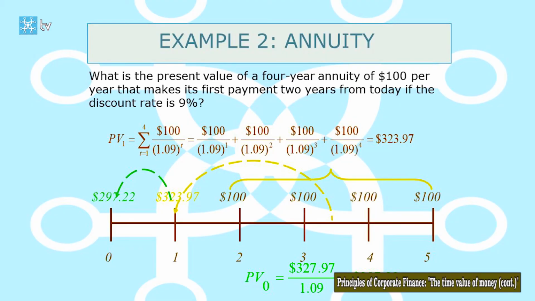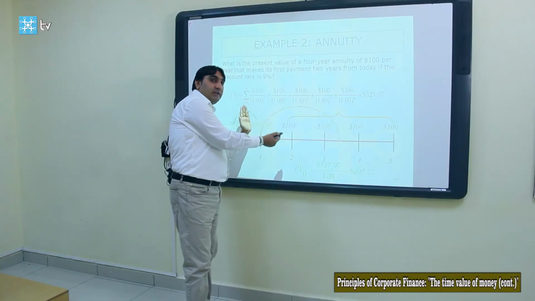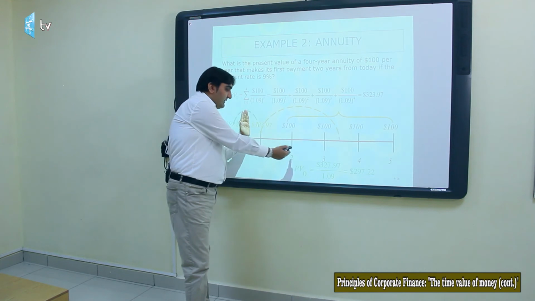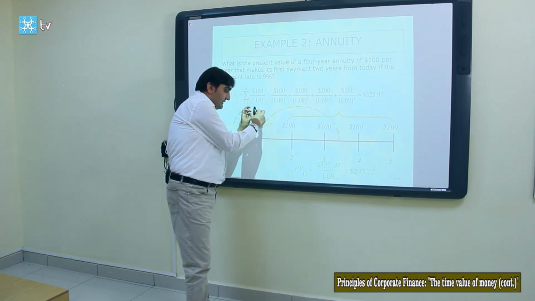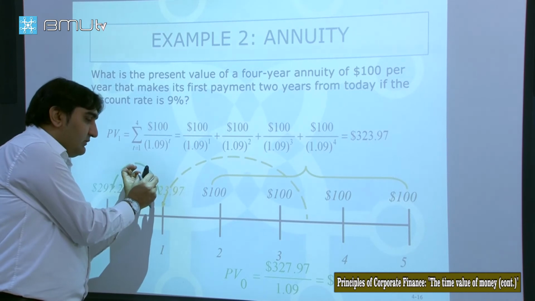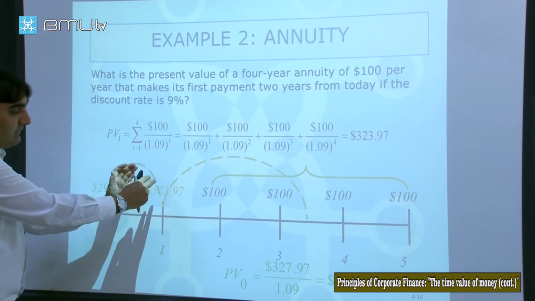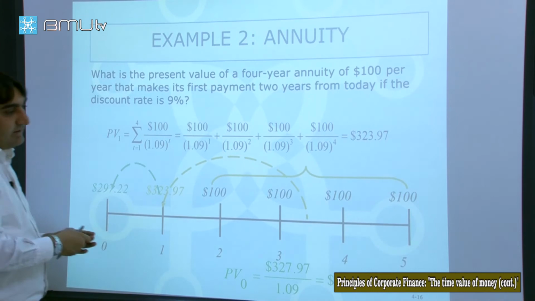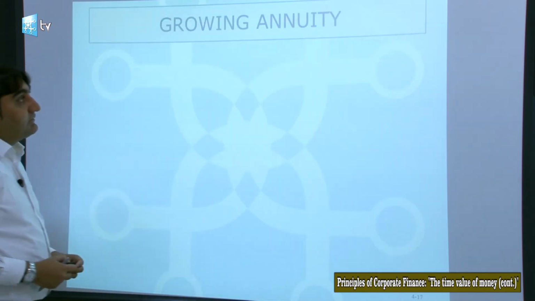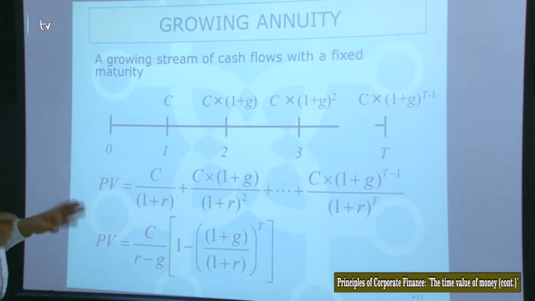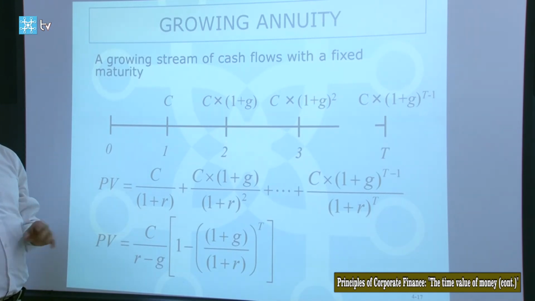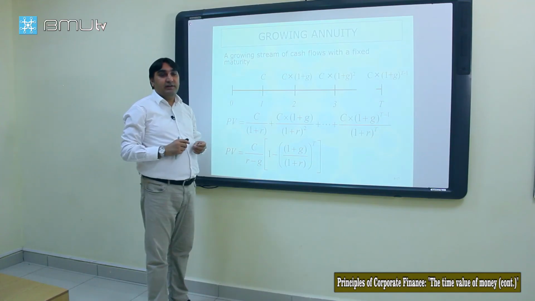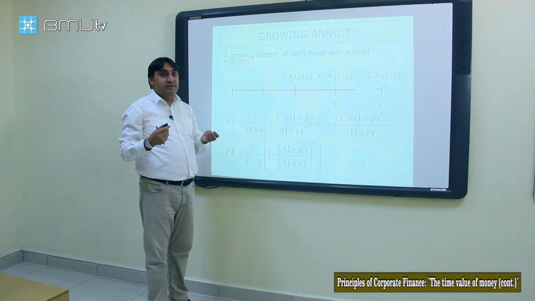We discounted the 100 cash flows, it is 323.97, and it comes to time 1. It comes one period back. From here, it comes to here. It's a lump sum. And to find the present value for these numbers, we again discount it back one period and get this number, 297.22. As I said, all mortgage payments, auto loans, and bank loans are examples of annuity.